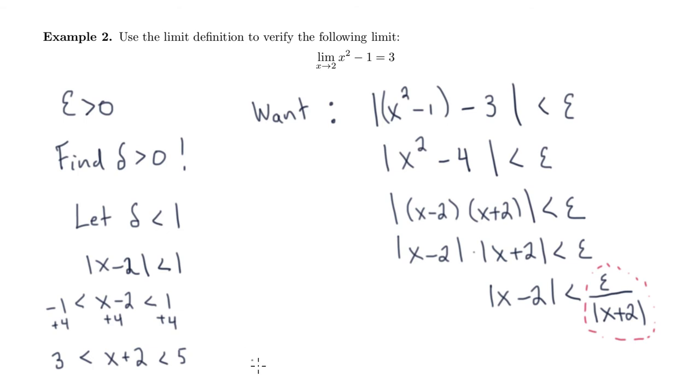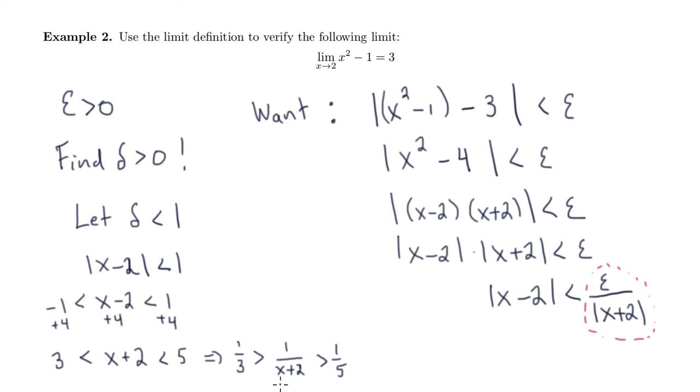But what does that mean about 1 over the absolute value of x plus 2? What this means, if I just flip the inequalities, so I have 1/3. So when I flip inequalities, I have to switch the inequalities over x plus 2 less than 1/5.